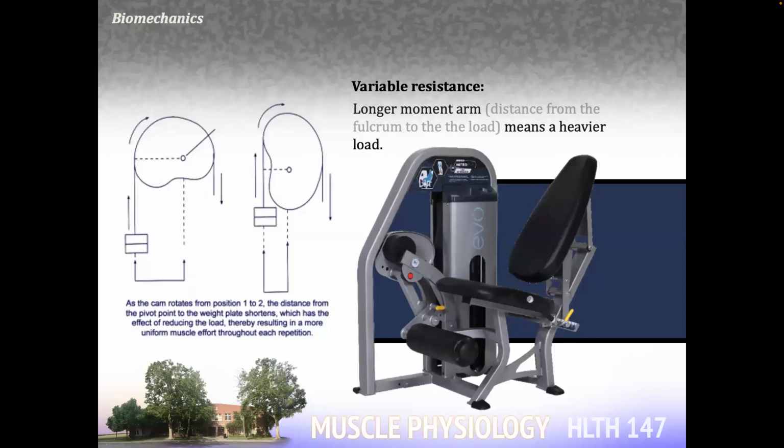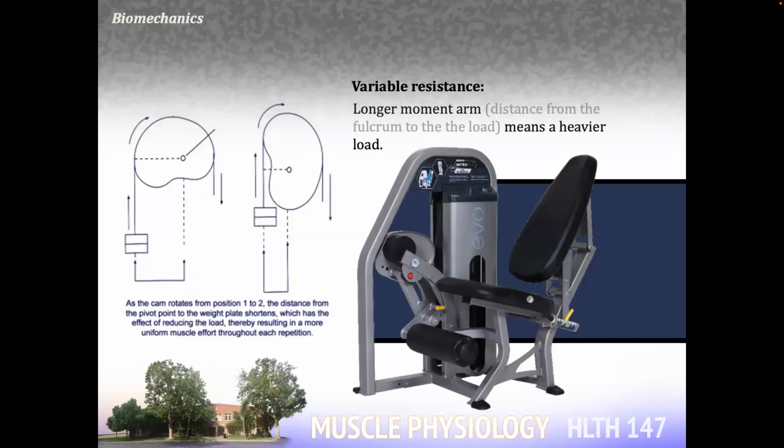In the middle of the range of motion, we have more optimal actin-myosin engagement. More cross bridges can be formed in the middle of the range of motion. But when you're really contracted or really extended, not as many cross bridges can be formed.